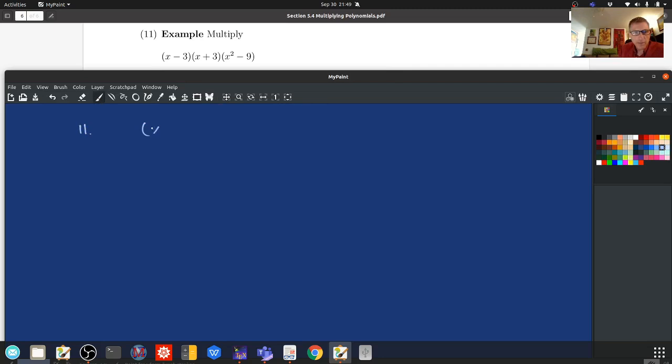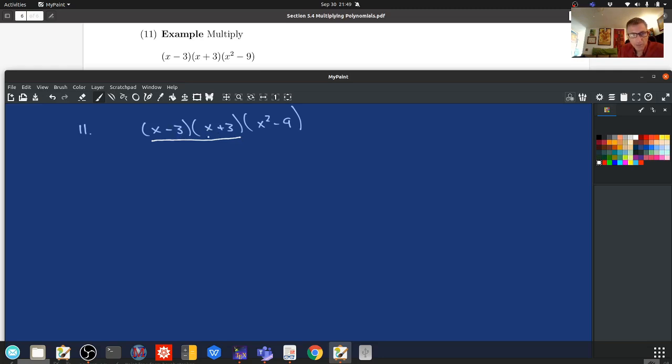So we have x minus 3 times x plus 3 times x squared minus 9. Now I'm noticing the first 2 factors are a difference of squares.